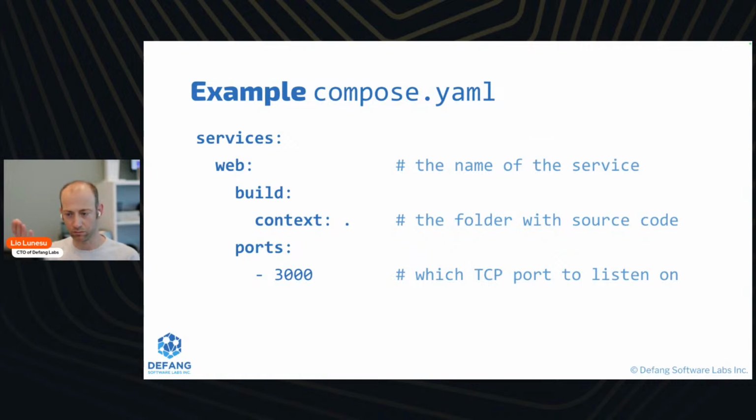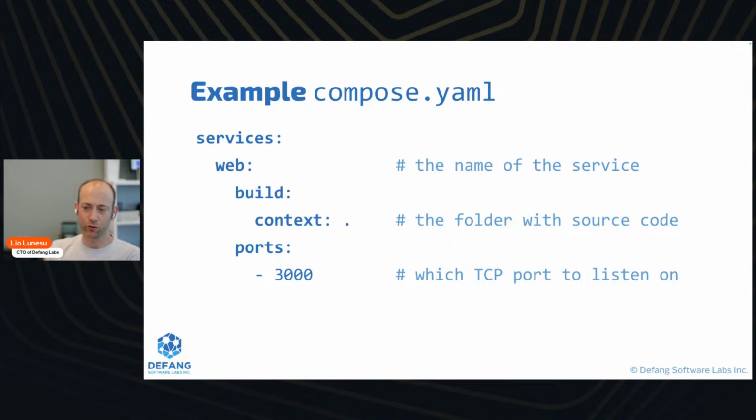So for example, a very slimmed down compose file, I'm keeping it very simple. This is a YAML, right? So a YAML is a file structure, and what's important in YAML is that the indentation matters, right? So where you put those words is important.